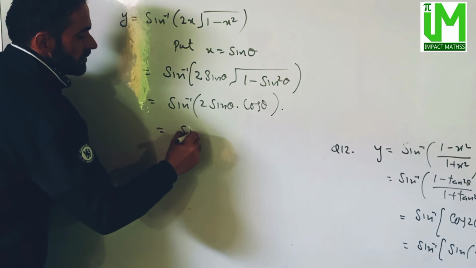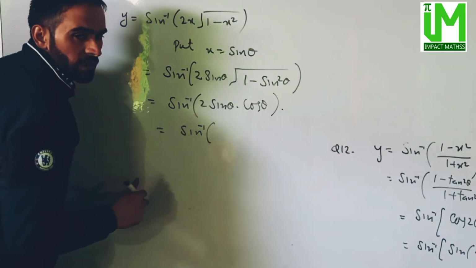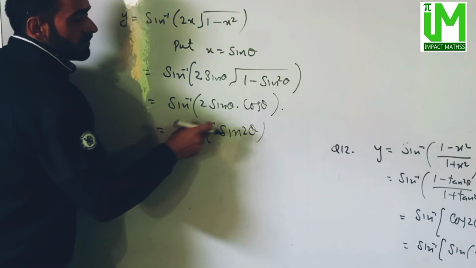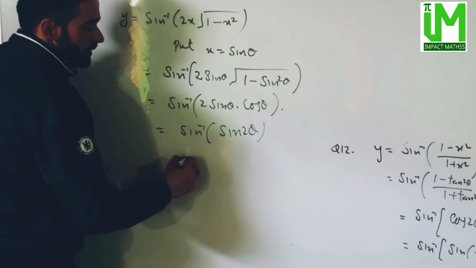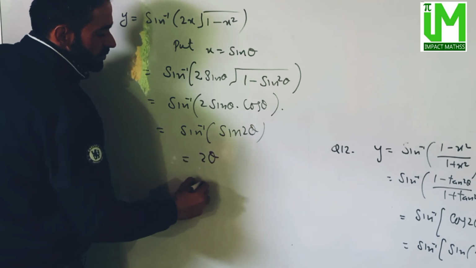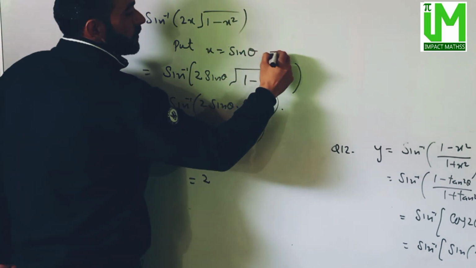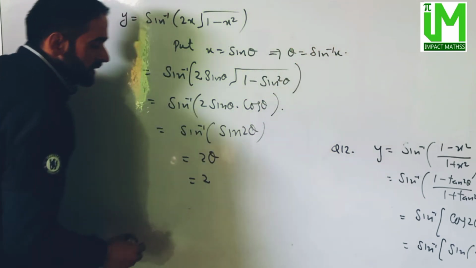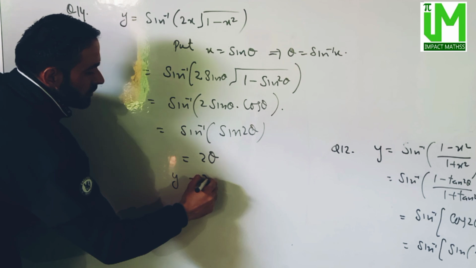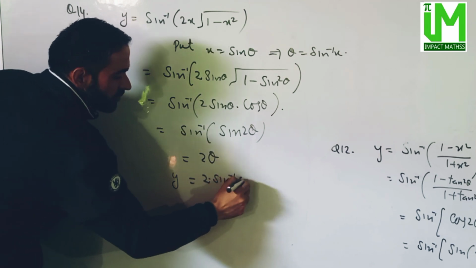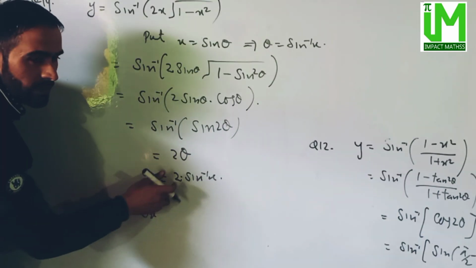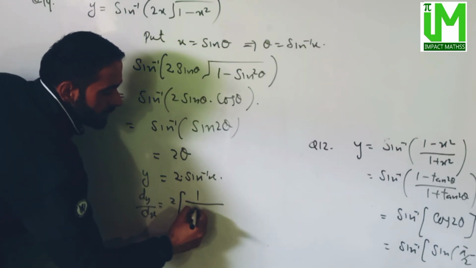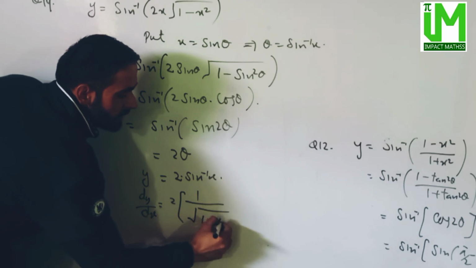So sin inverse of twice sin theta cos theta is sin inverse of sin 2 theta, which is equal to 2 theta. But what is theta here? Theta is equal to sin inverse x. So y is equal to twice sin inverse x. Differentiating now, dy by dx is twice the derivative of sin inverse x, which is 1 divided by under root of 1 minus x square.